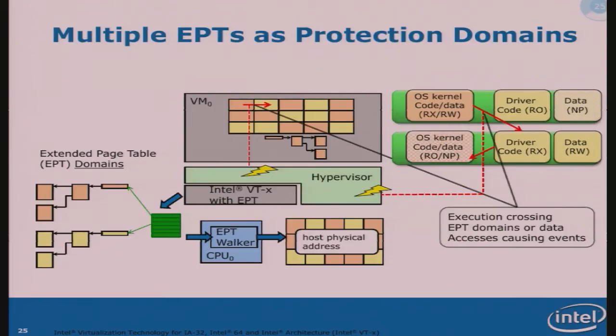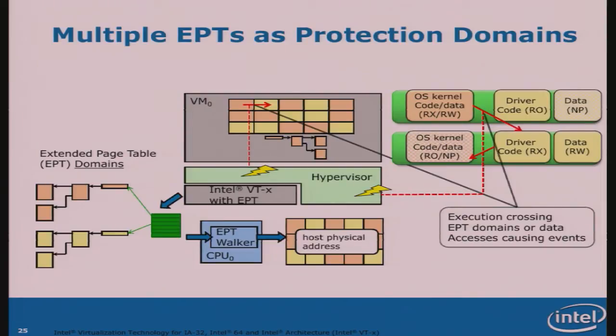So Jun covered this this morning in the context of NFV. I'm basically showing here the same model, but in the context of isolating components or code within an operating system, right? Xen creates multiple EPT structures today, but really manages them in the context of the P2M for each domain that it creates.